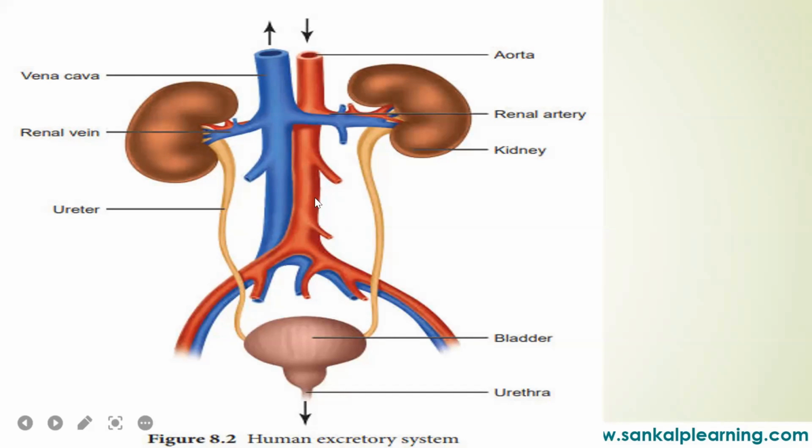Then these pipe-like structures are called ureters, and these bean-shaped structures are called kidneys. Then a sac or bag-like structure is called the bladder.